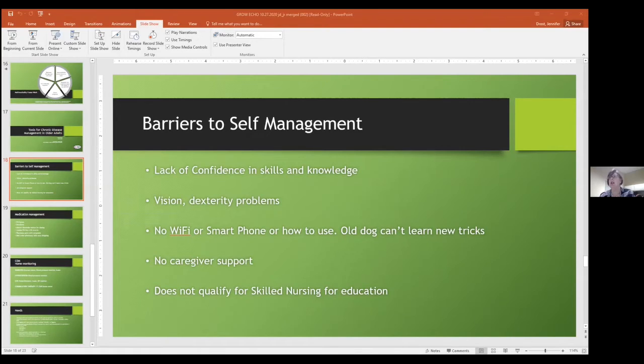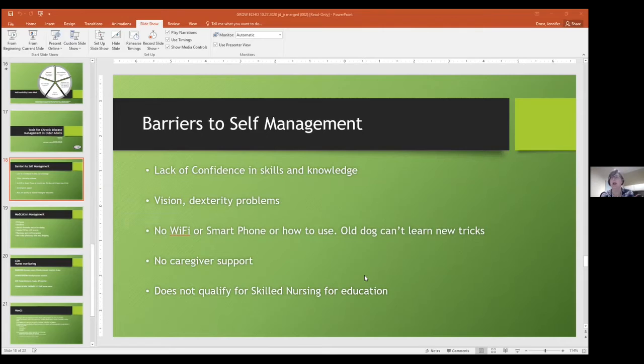So barriers to self-management. Basically, lack of confidence in their skills and knowledge. They don't think that they could learn how to do some things, and they don't know what they don't know. A lot of patient education becomes involved in that when it comes to teaching them new skills, whether it be using a blood pressure monitor, or a glucose meter, a pulse oximeter, or whatever.